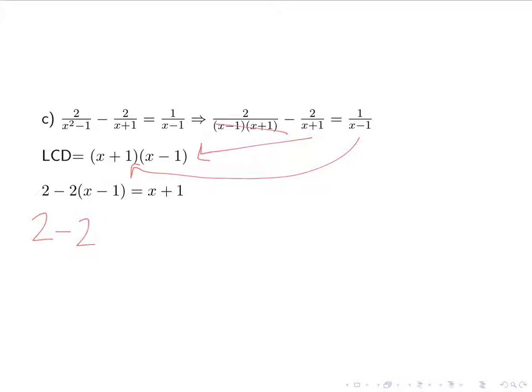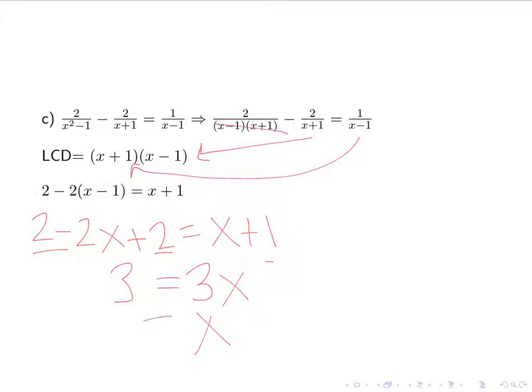And then solve it, so distribute. Remember the double negative. Then I'm going to add the 2x over to the right to get 3x, and 4 minus 1 is 3. So x should be 1.